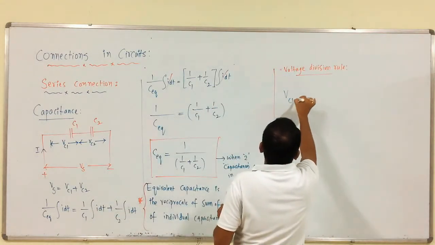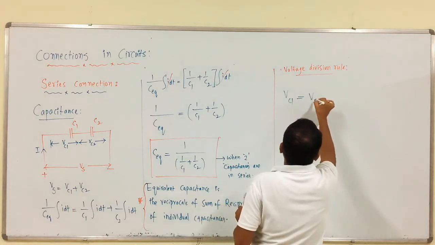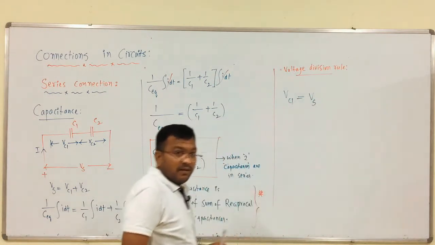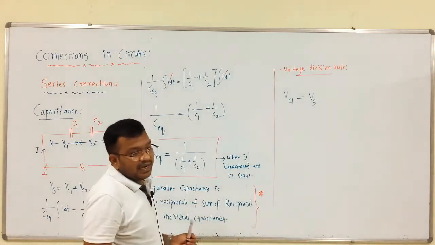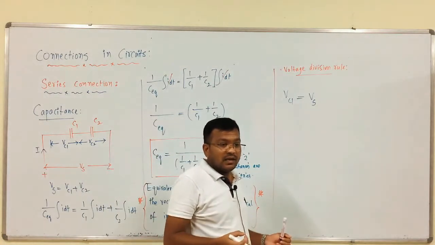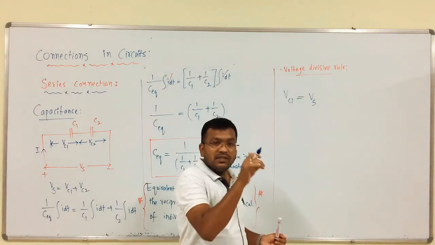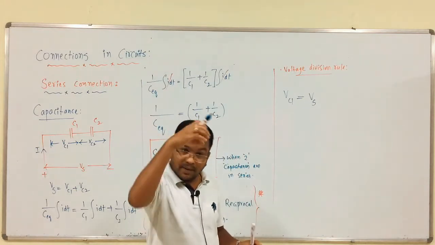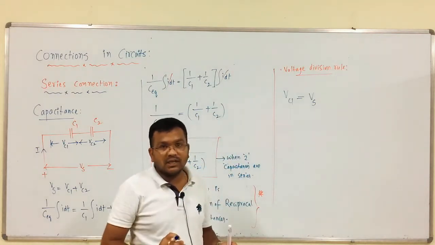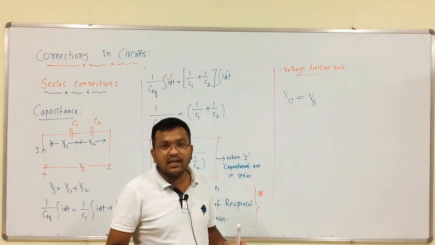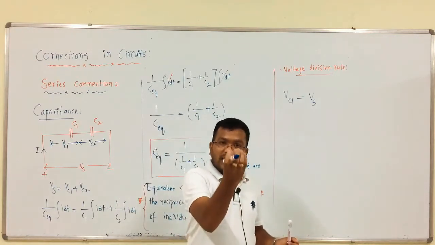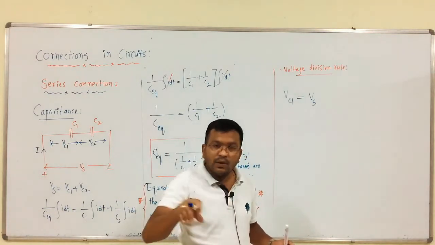So, VC1 is equal to total voltage into, what about in the case of resistances and inductance? We have to consider the total voltage multiplied by the ratio of the present branch resistance to the total resistance. Say in the case of inductance, total voltage into the ratio of that present branch inductance by total inductance.